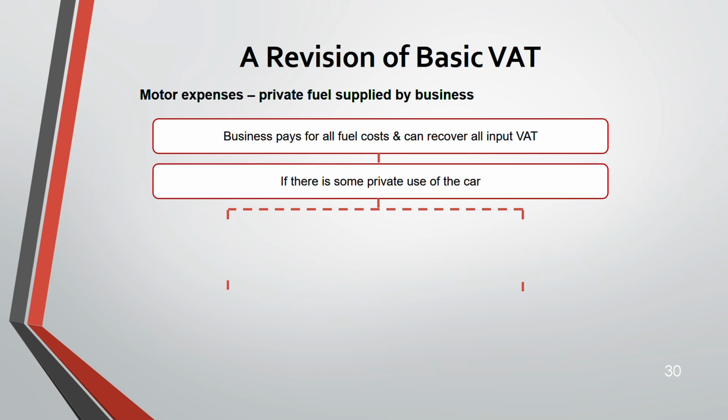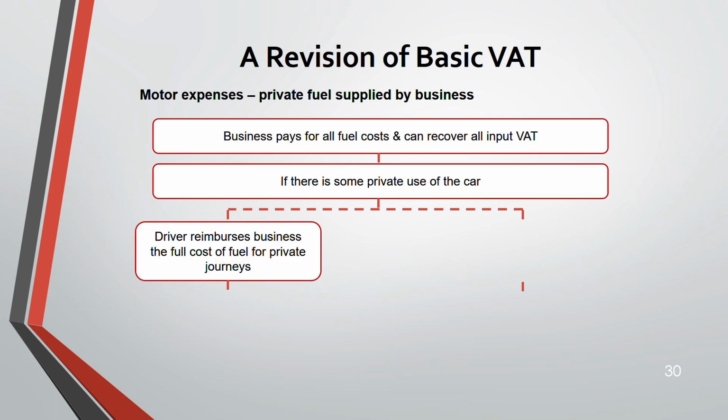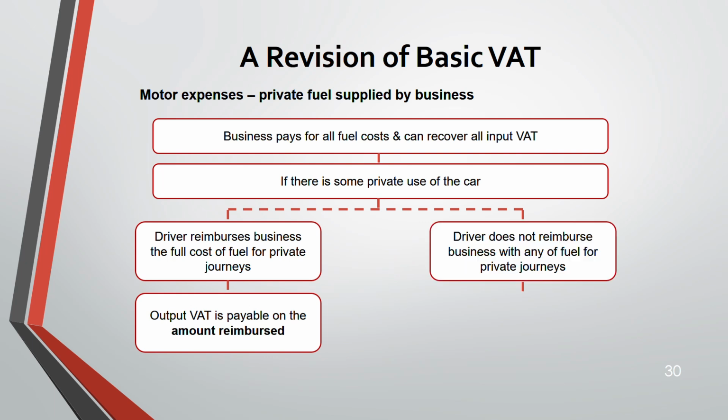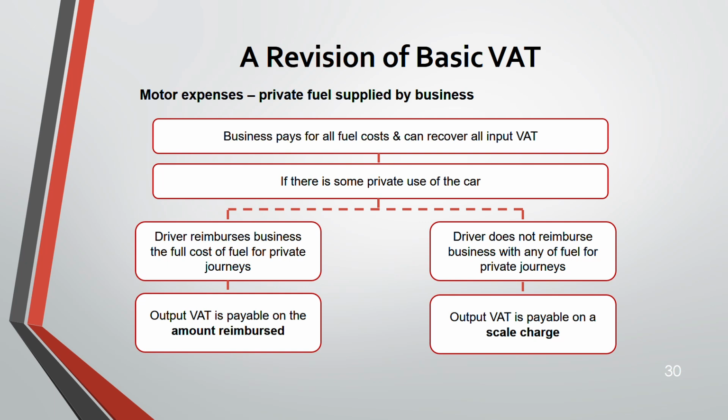But if there is some private use of the car, let's say the driver reimburses the full cost for that private use. Then output VAT is payable on the amount reimbursed, the amount paid by the driver. If the driver does not pay at all, output VAT is payable on a scale charge. So you have to see whether the driver is reimbursing the full cost or not. If reimbursing, output VAT is on the amount reimbursed; if not reimbursing, on the scale charge.